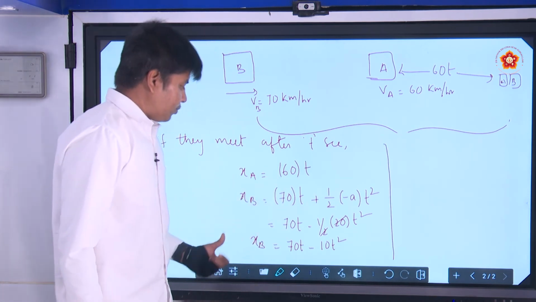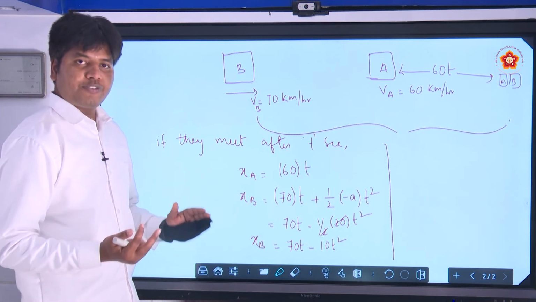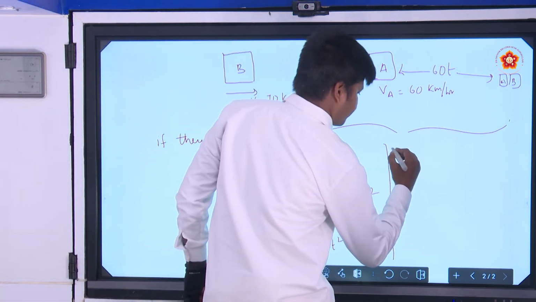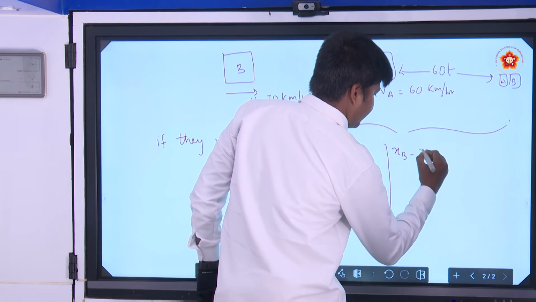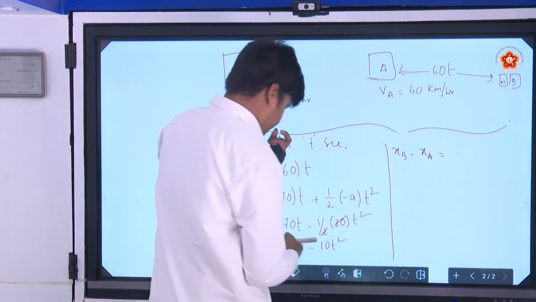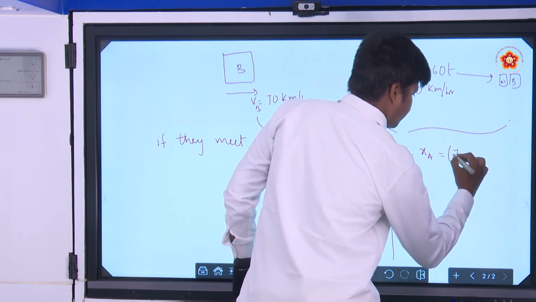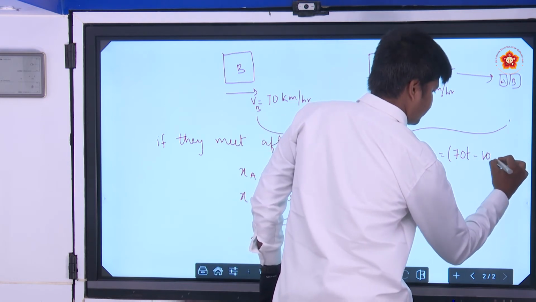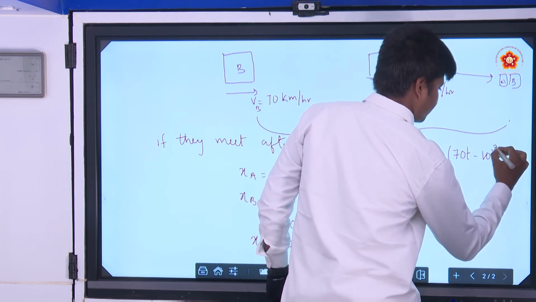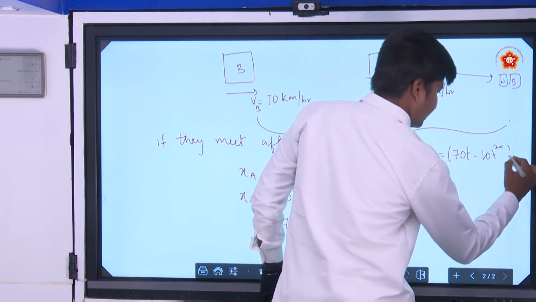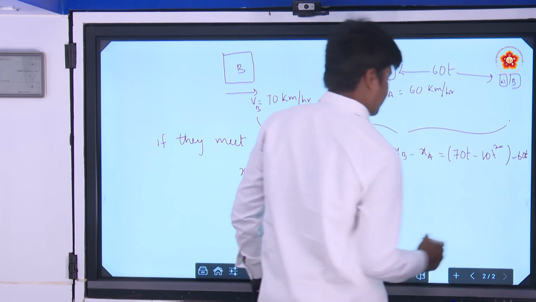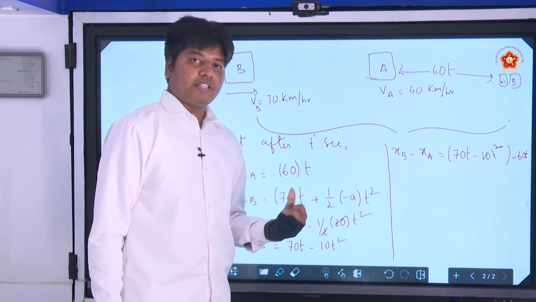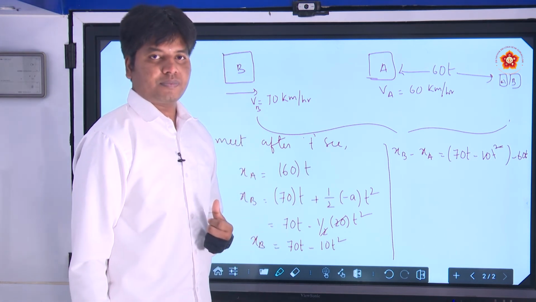So we know that the difference between the distances is 2.5. XB minus XA is equal to 70t minus 10t square minus 60t. What is the displacement between the two? It is given as 2.5, right?